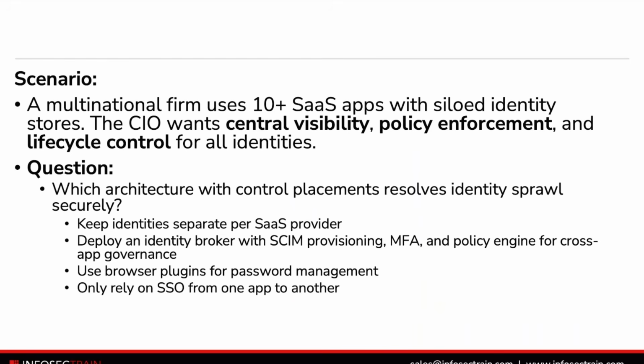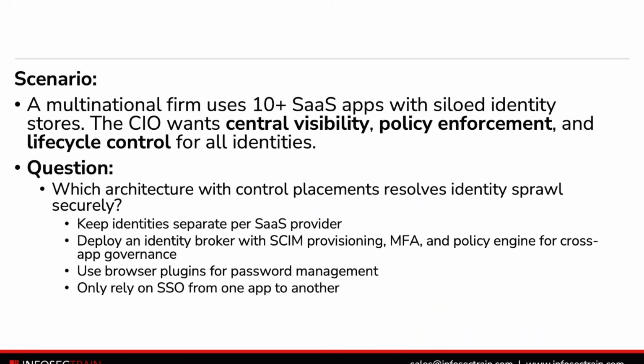So a multinational firm uses 10 plus SaaS apps with siloed identity stores. The CIO wants central visibility, policy enforcement, and life cycle control for all the identities.